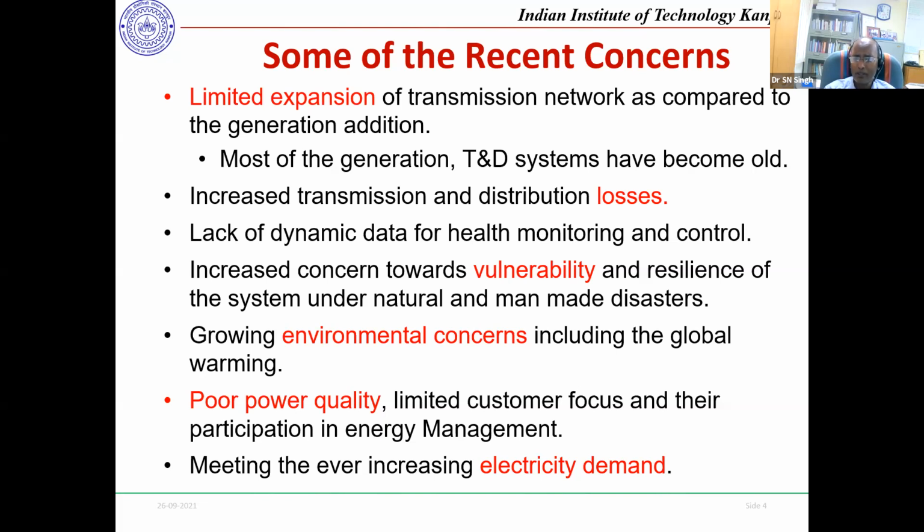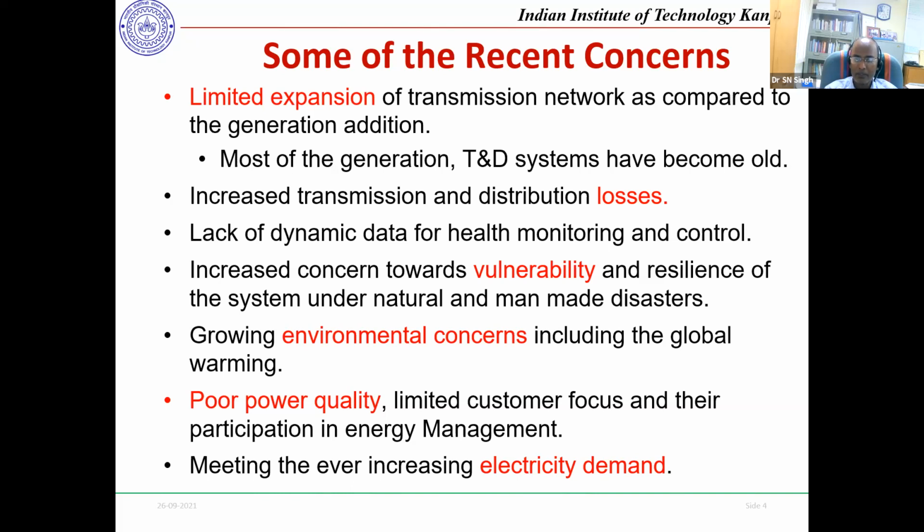So your calculation based on the transformer you put at any place is okay, but people are taking unaccounted loads, and the transformers heat up and burn, and there are maintenance and many other issues. I am not going into the non-technical issues, but technically also we do not have the data, and we do not know the condition. Sometimes health monitoring and control are not in our hand. If this data is there, then we can very easily know the life of the transformer and the life of the transmission line. So that data is also lacking.